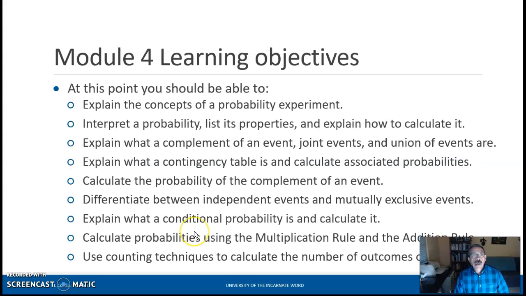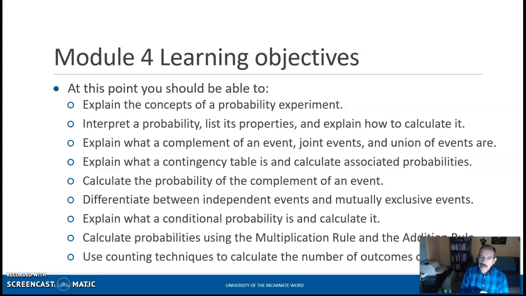All right. So at this point, you should be able to explain the concepts of a probability experiment, interpret probability, list its properties, and explain how to calculate it. Explain what a complement of an event is, what joint events are, and what the union of events are. Explain what a contingency table is and all the probabilities associated with a contingency table. Calculate the probability of a complement of an event.